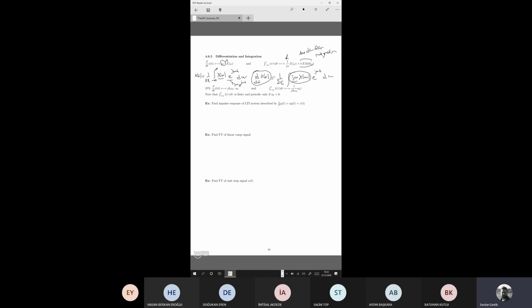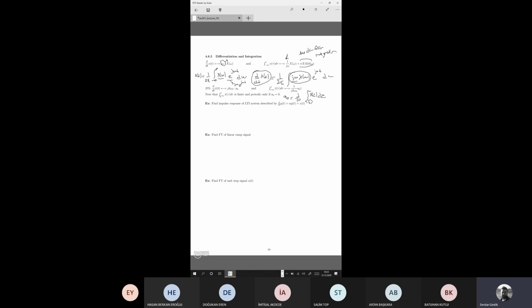Here I have a note. If a0 is 0, the integration from minus infinity to t, x tilde tau d tau is finite. So how can you check this? What is a0? A0 is nothing but 1 over t0, within a period, let's say t0, x of tau d tau.